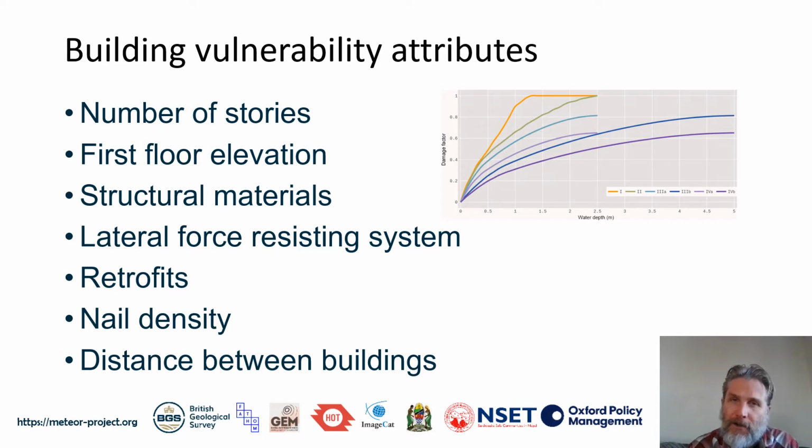So if you look here in the upper right, we have what looks like six damage functions related to flooding. On the axis is the water depth estimated in meters, and this is the percent of damage, the damage factor, that you would expect given that depth of flooding.